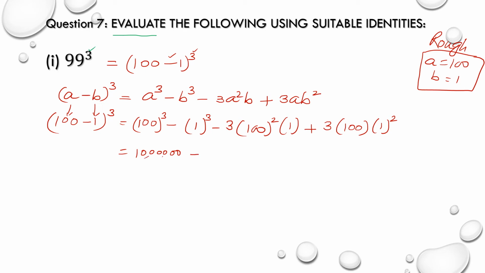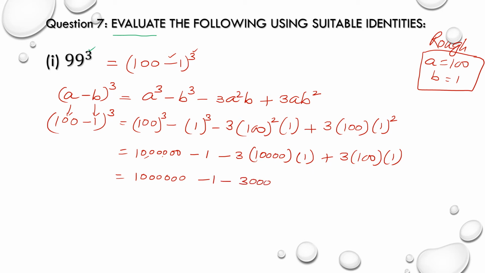We have this minus 1 cube, that is minus 1, minus 3 square of 100 is 10,000 into 1 plus 3 into 100 square of 1 is 1. Let's remove the bracket. Minus 1 minus 30,000 plus 300, right?